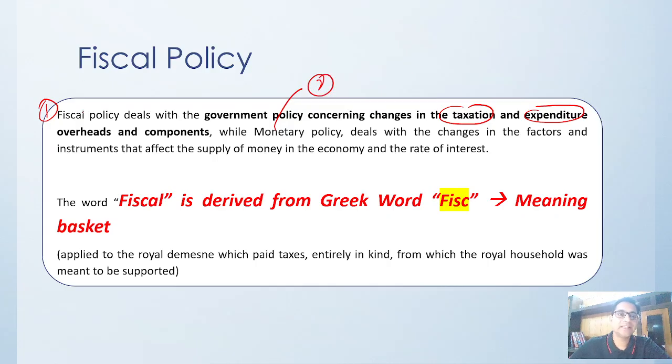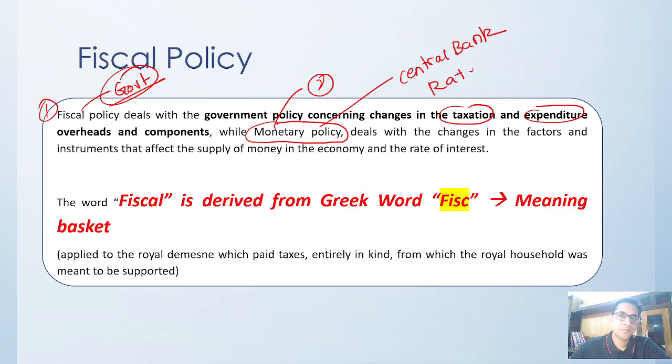Fiscal policy deals with government earning and expenditure, and monetary policy deals with the central bank and the rate of interest, right? So you should know the difference between fiscal policy and monetary policy.